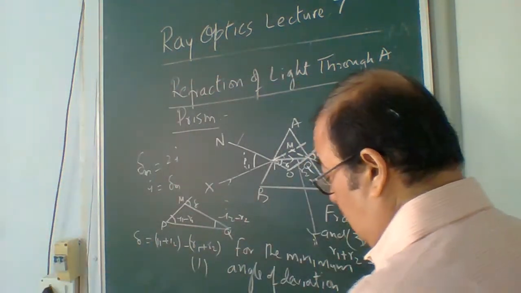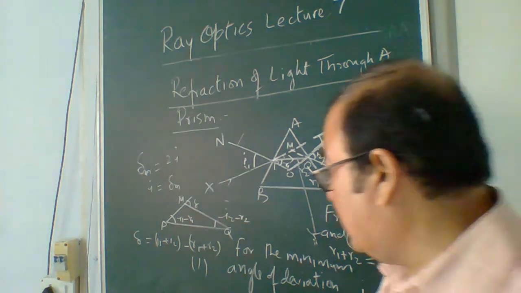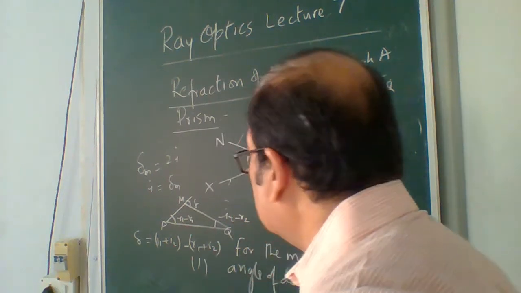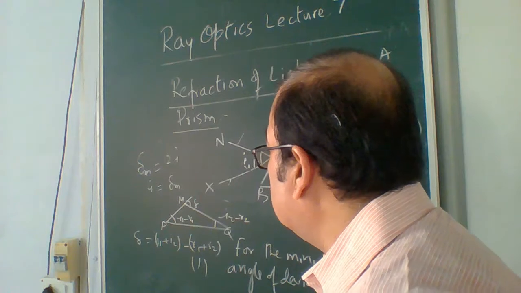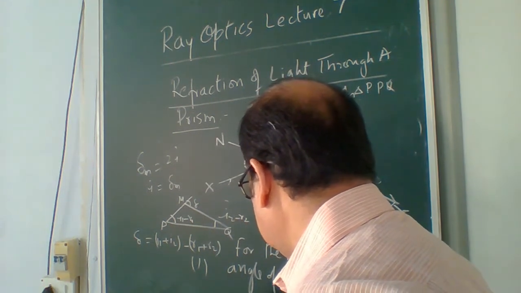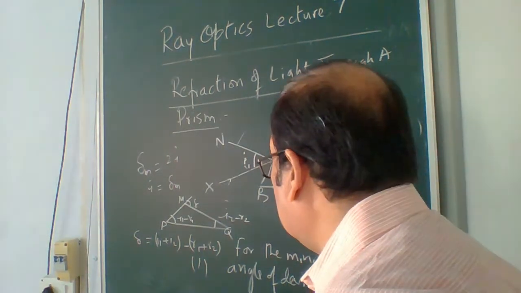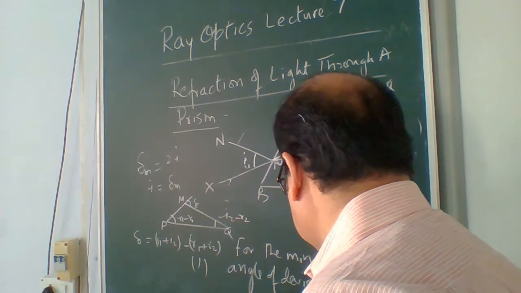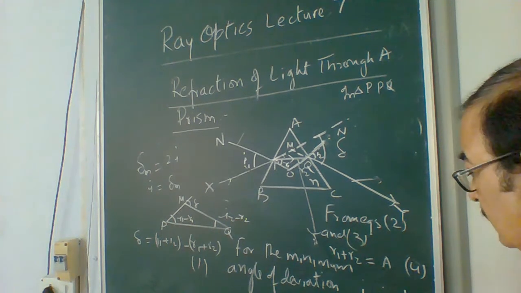And from putting the conditions of minimum angular deviation, what we have, delta m equals to, I1 equal to I2 means 2I, and R1 and R2 are equal. That means we have minus 2R, general things.